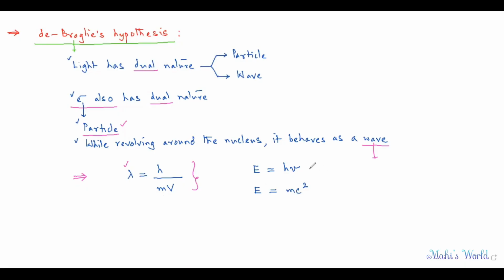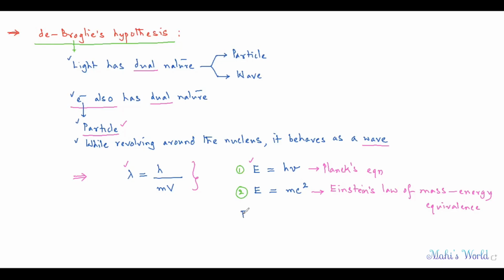The first one is Planck's equation, E is equal to h nu, and the second one, we know that it is Einstein's law of mass energy equivalence. E is equal to h nu, let this be equation number 1. E is equal to mc square, let this be equation number 2.